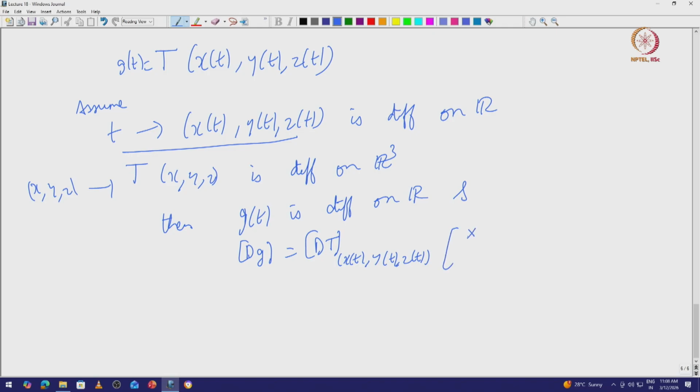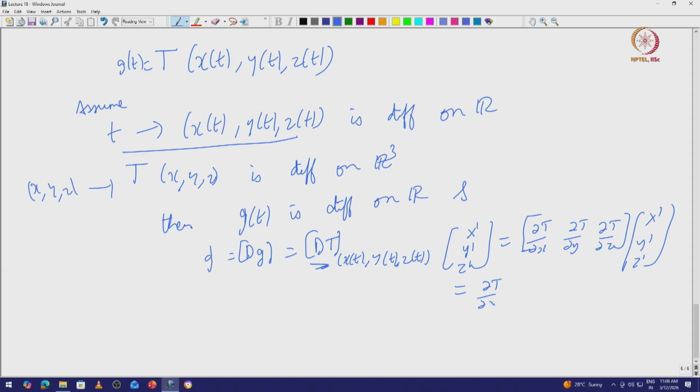It's the gradient of the first component, second component, third component. What's the derivative matrix of this function? There is only one component, so it's just the gradient of it. So it's dt by dx, this row matrix, this is a column. This is simply g dash. So this is dt dx, x dash plus dt dy, y dash plus dt dz, z dash.